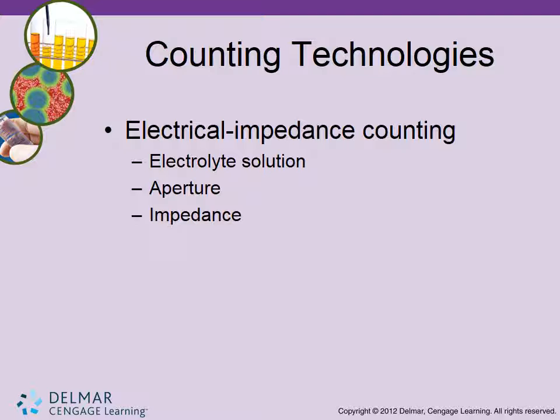White cells are larger than red cells, so the impedance will be very large. Platelets are the smallest of all our cells, so that electrical impedance, or breaking of the current, will be smaller, and that's how those are counted.